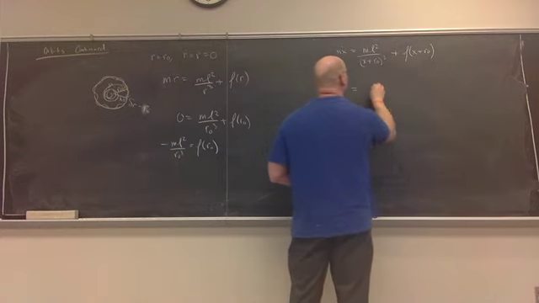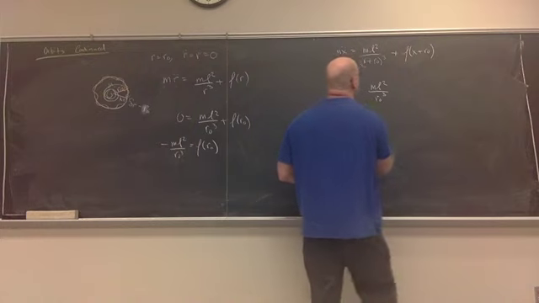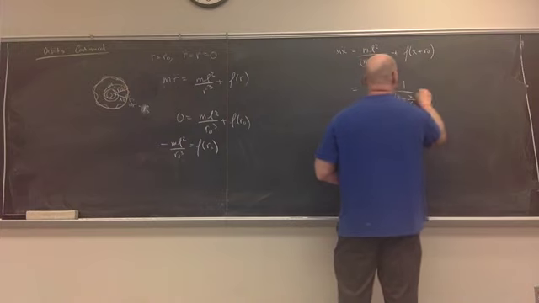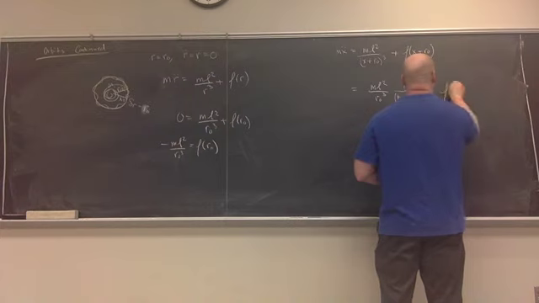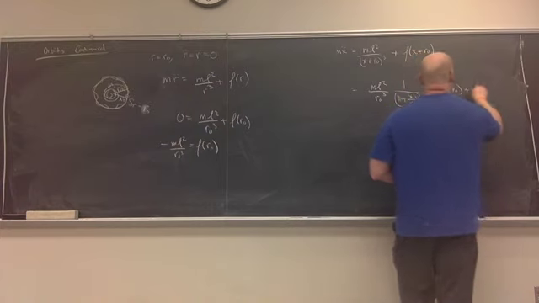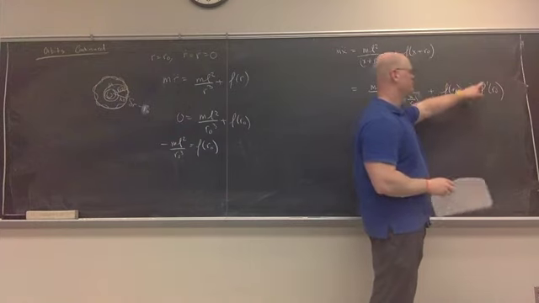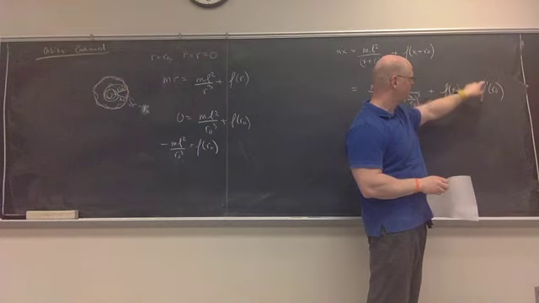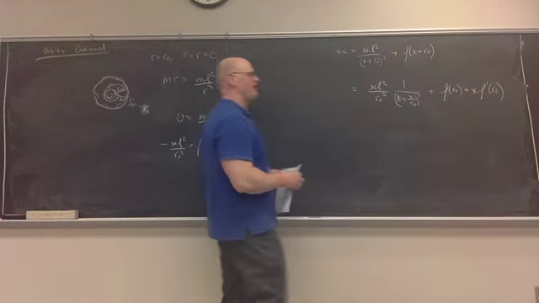So this is going to be equal to ml squared over r0 cubed times 1 over 1 plus x divided by r0 cubed plus, and again, if this is small, this is going to be f of r0 plus x times f prime of r0, where this is actually to be read as the first derivative of the central force with respect to x evaluated at x is equal to r0.